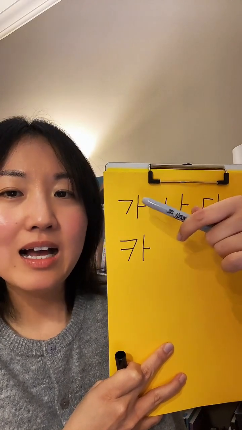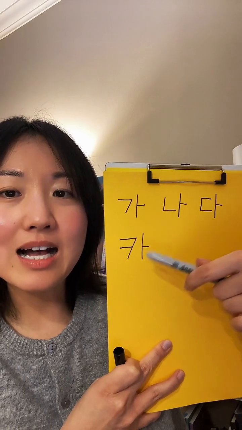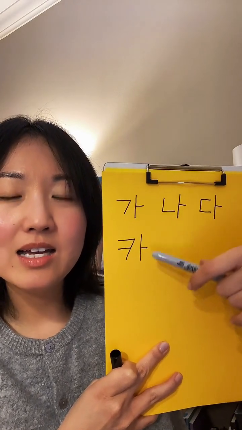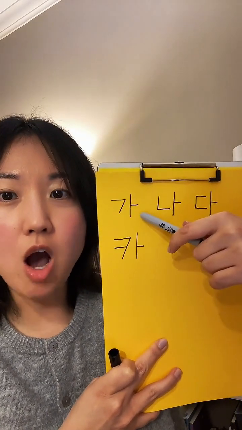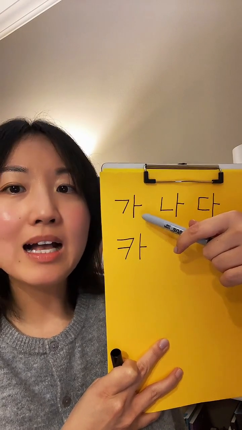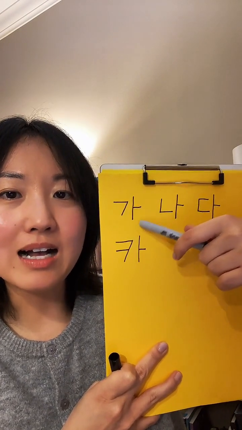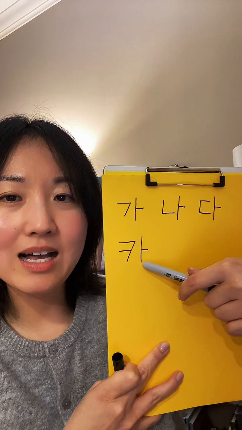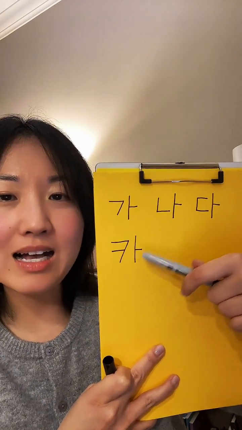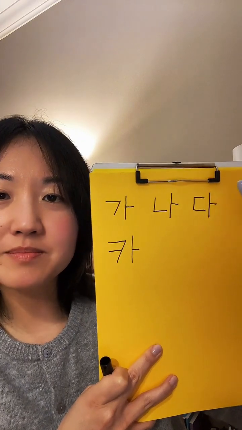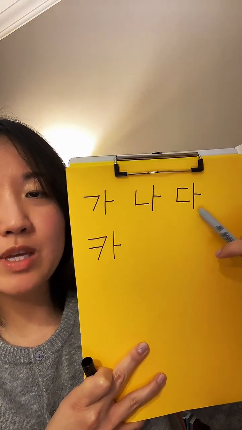Ka, ka, ka, but not ga, ga, ga, 아니에요. The mouth is very different, right? Ga, ga, ka, ka. Does that help? You could maybe also do that with the tigut.